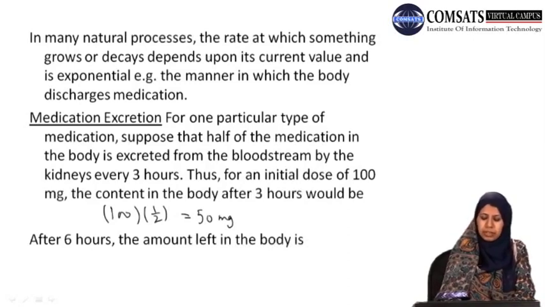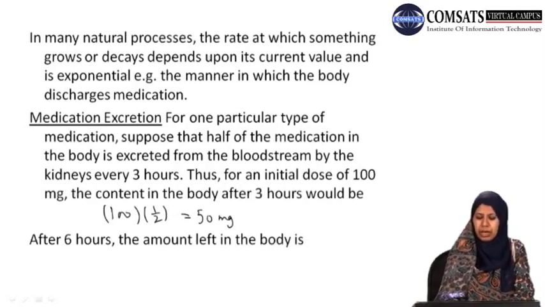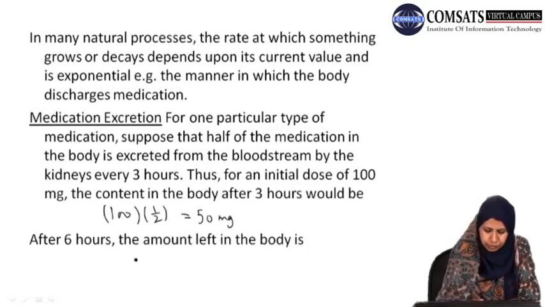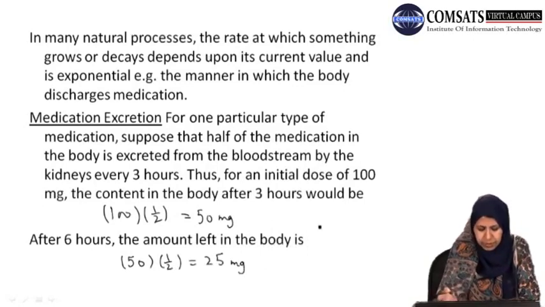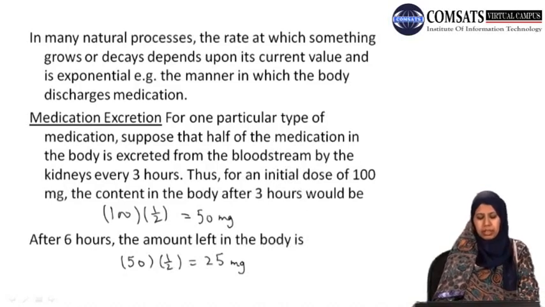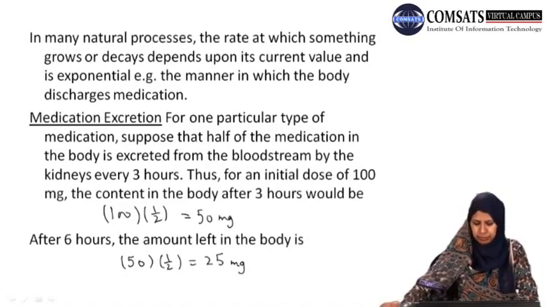After 6 hours the amount left in the body will be half of the current value, which is 50 now. So half of the current value, which is 25. That is, after 6 hours the amount of the medicine left in the body is only 25 mg.